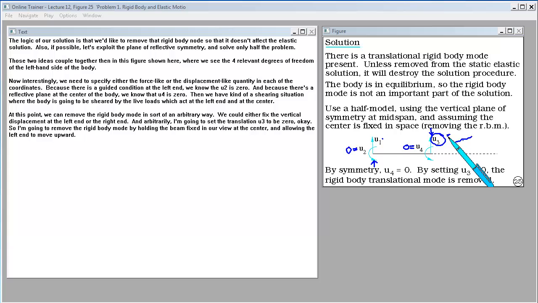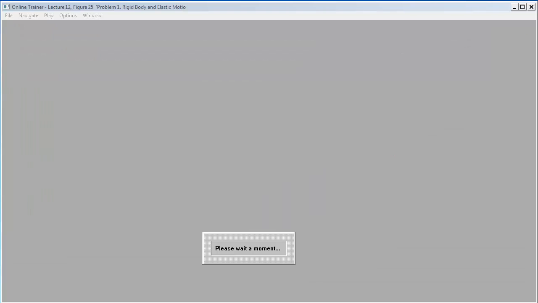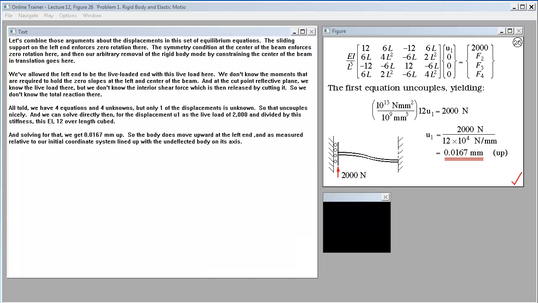Okay, so I'm going to remove the rigid body mode by holding the beam fixed in our view at the center and allowing the left end to move upward. Let's combine those arguments about the displacements in this set of equilibrium equations.